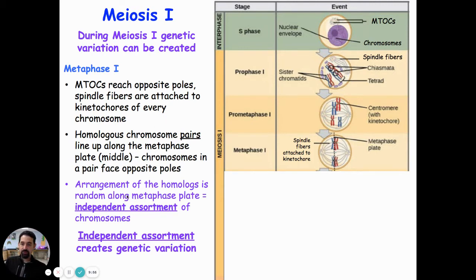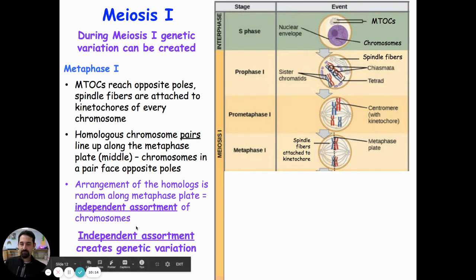So the arrangement of the homologs is random, and that creates independent assortment. These line up randomly: first pair, second pair, third pair, fourth pair, they're all lined up. They might be oriented this way, they might be oriented that way, and then they're pulled apart.